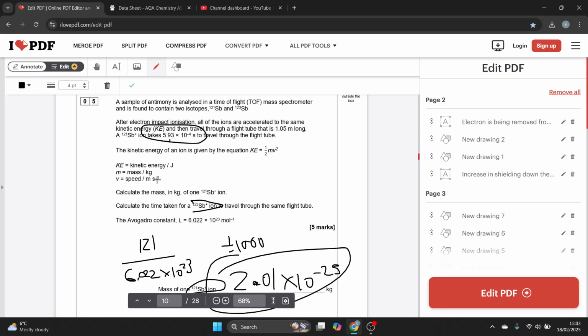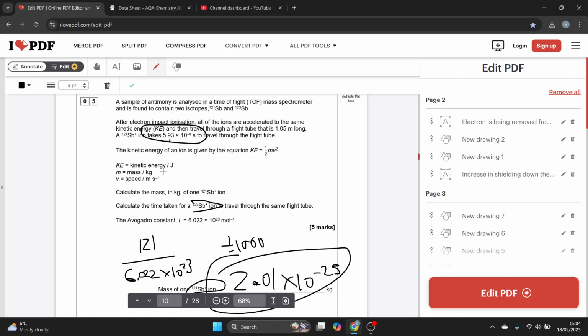Because if I find out the velocity for the 121 Sb plus ion, then I can use that to find out the kinetic energy, and once I've got the kinetic energy, then I can use the time taken. Well, velocity is distance divided by time. Time is the distance divided by velocity. Once I've got the kinetic energy, then I can work out the velocity of the other ion, and then therefore I can find out the time taken.